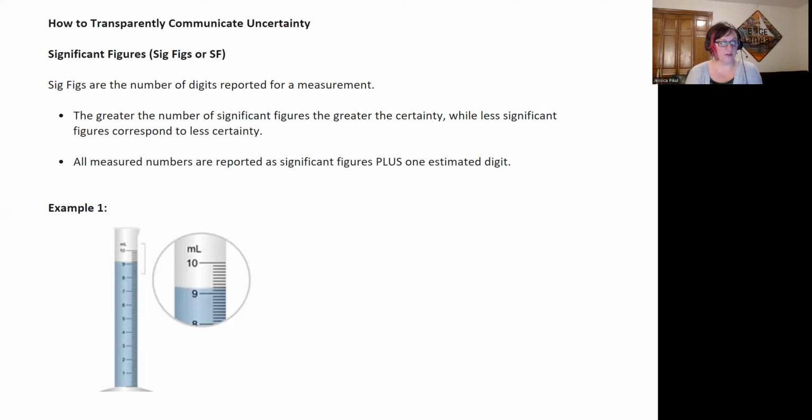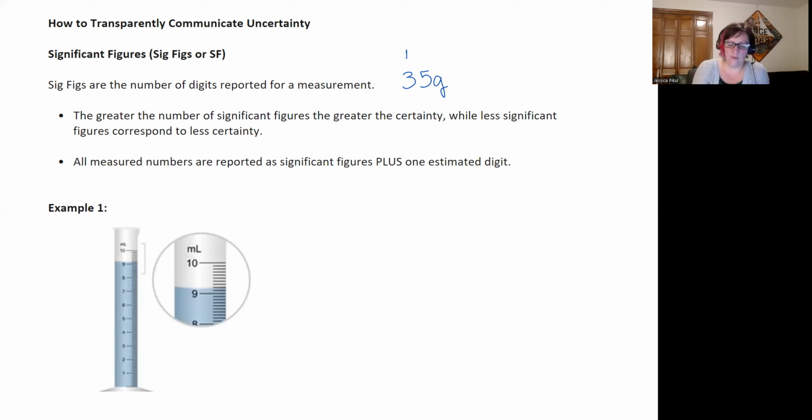Significant figures are the number of digits that you report in a measurement. Remember, a measurement is a number and a unit, and the digits refer to the number of digits of the number. For example, my previous example of 35 grams. That's my measurement, and I weighed something.